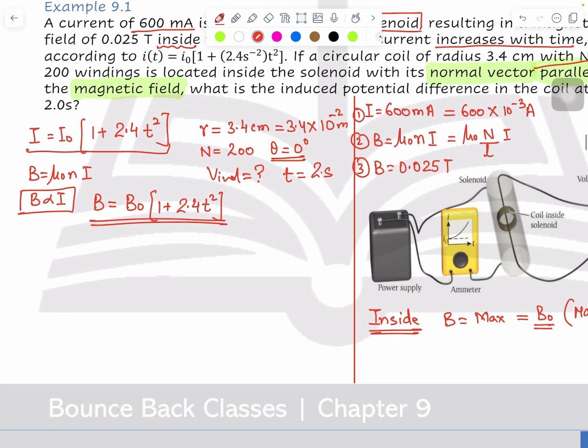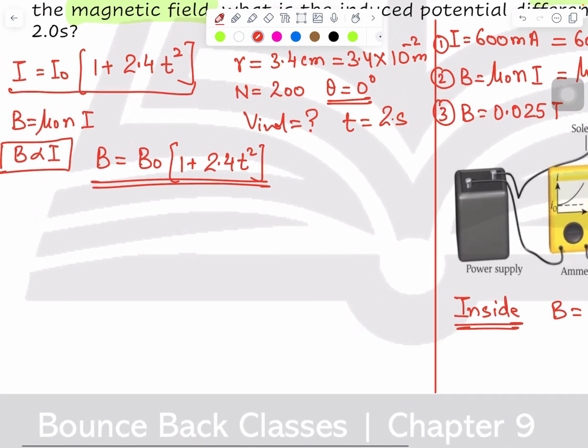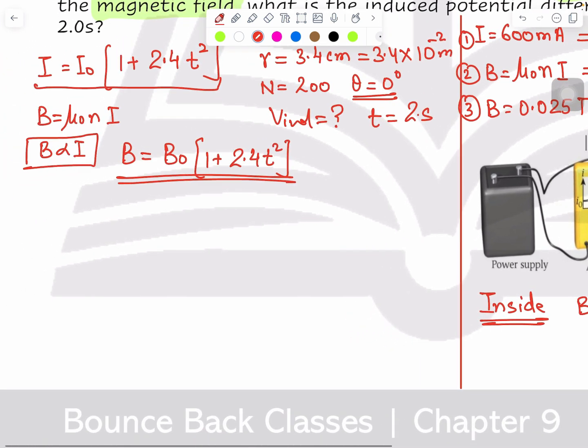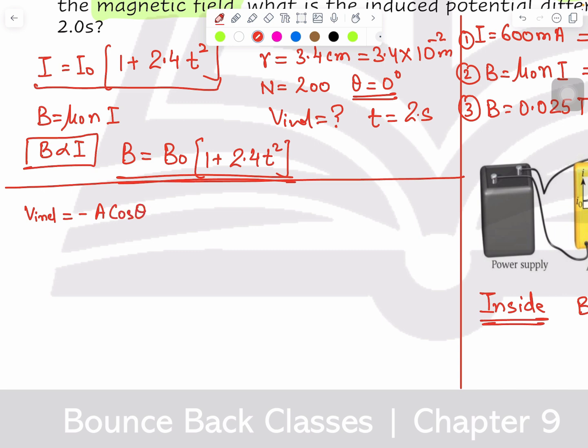So just solve it step by step. So V induced, I'll make a line here so that it will be easy. V induced equals negative A cos theta dB divided by dt. Clear? Now place the values and solve them. So we have the area.